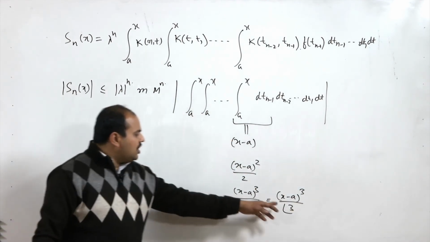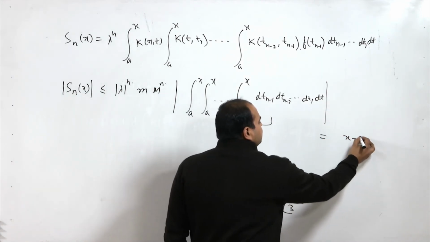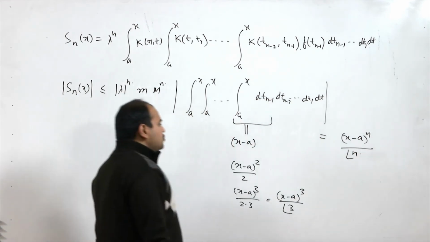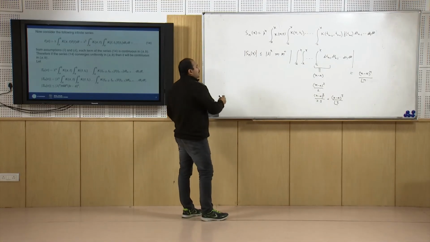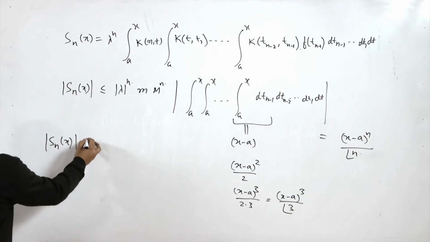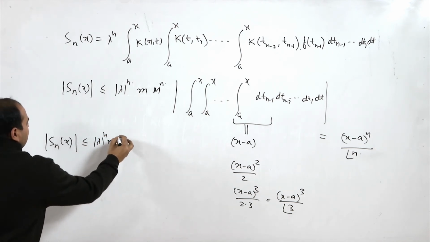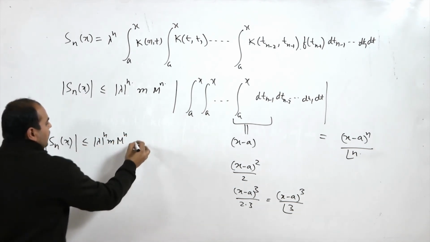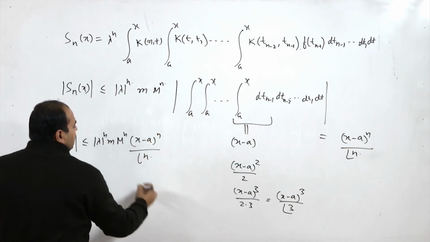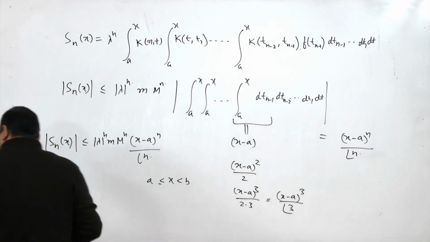So with this notation, this is going to be x minus a to power n divided by factorial n. So here in this Volterra integral equation, the modulus of Sn(x) is bounded by modulus of lambda to power n, small m, capital N, and x minus a to power n divided by factorial n, and we already know that x is lying between a and b.